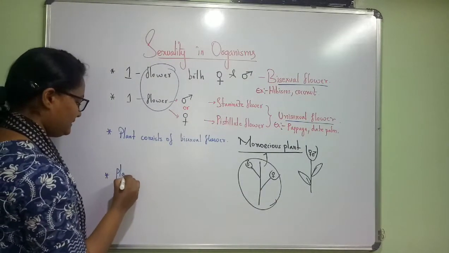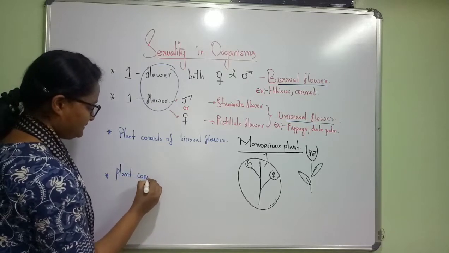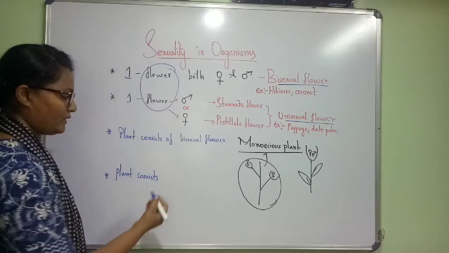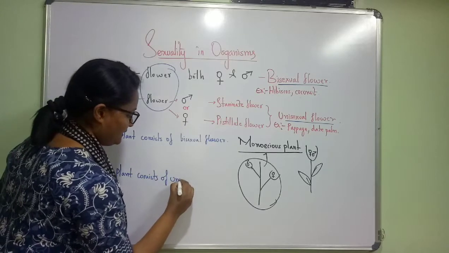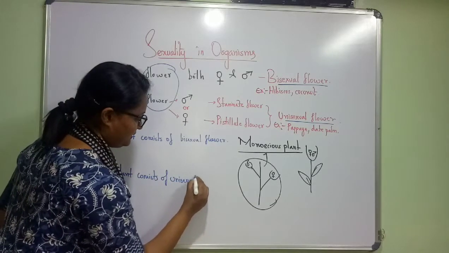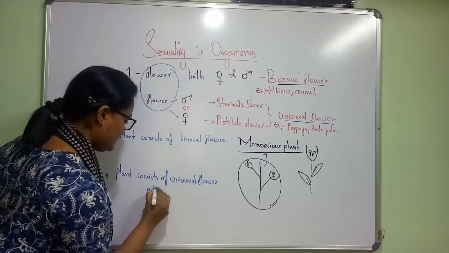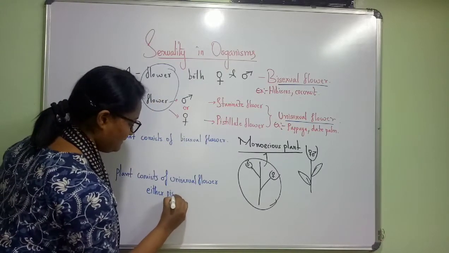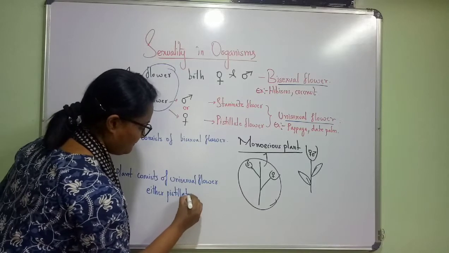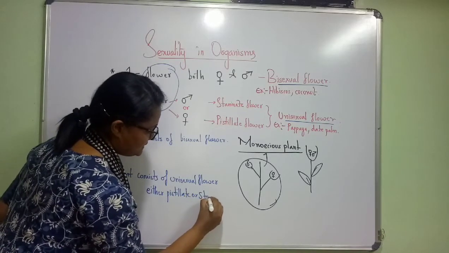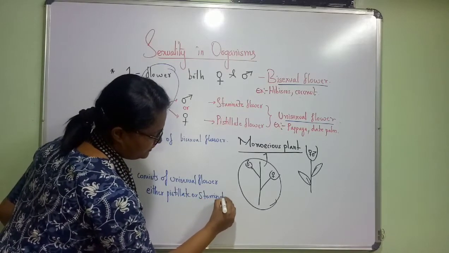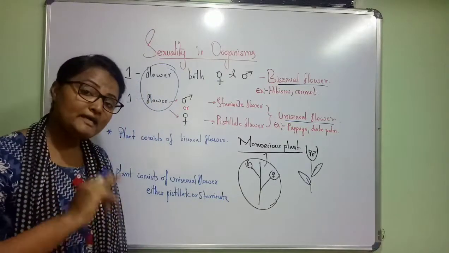if a plant consists of unisexual flower, that is either pistillate or staminate, not both, either one.